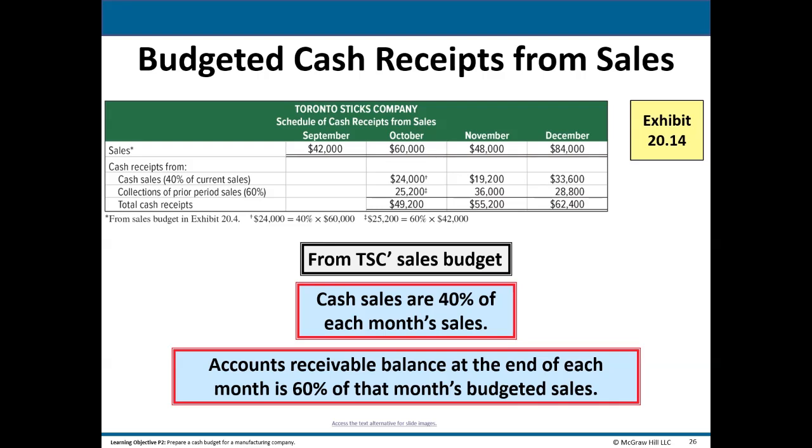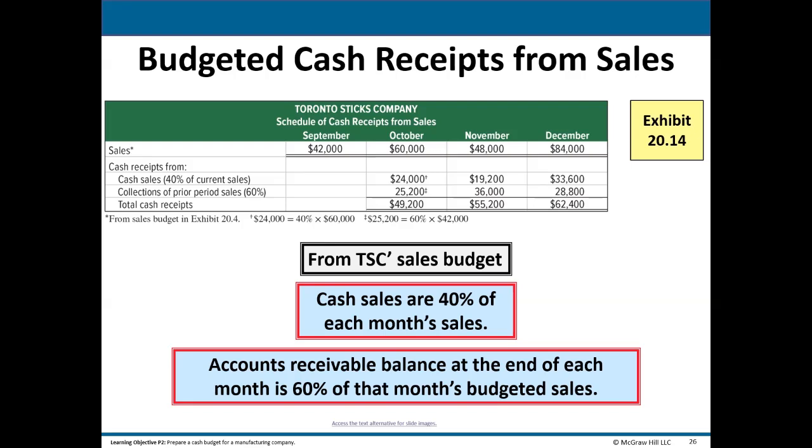So the management will do an analysis. So for TSC, the analysis of past sales indicates that 40% of sales are paid with cash, while the remaining 60% are paid with credit. So these customers are expected to pay in full in the month following the sales. So think about how that impacts your cash receipts during a certain period.